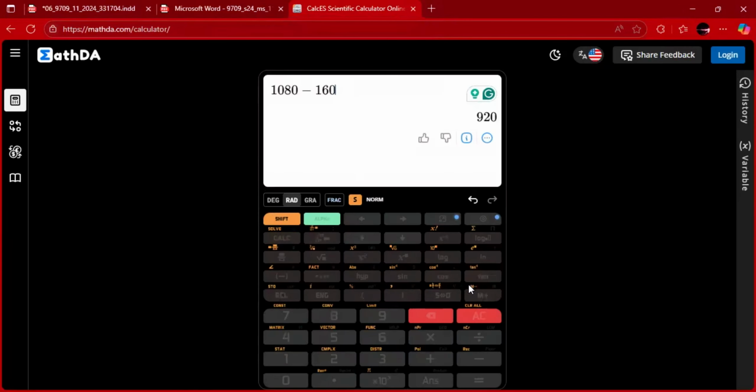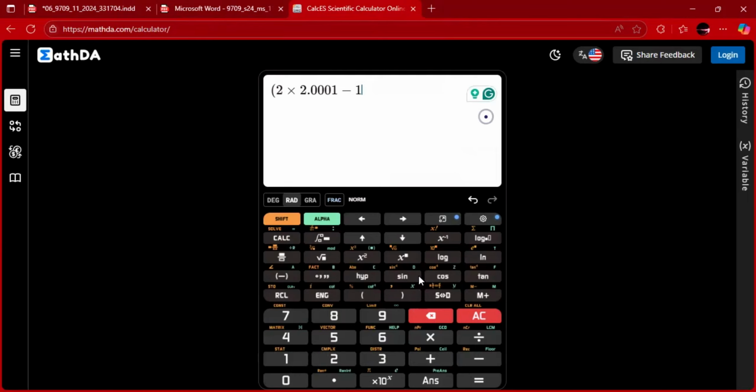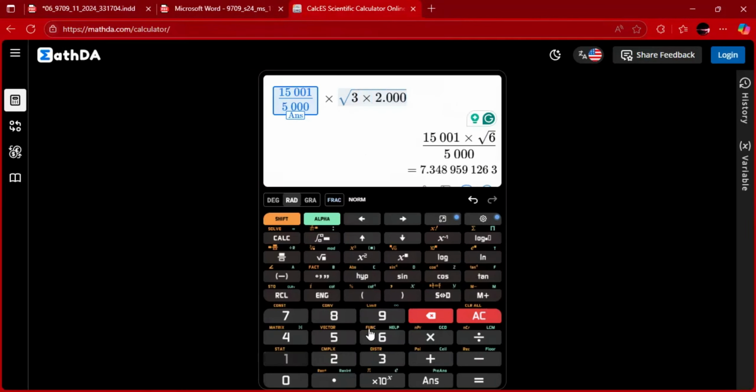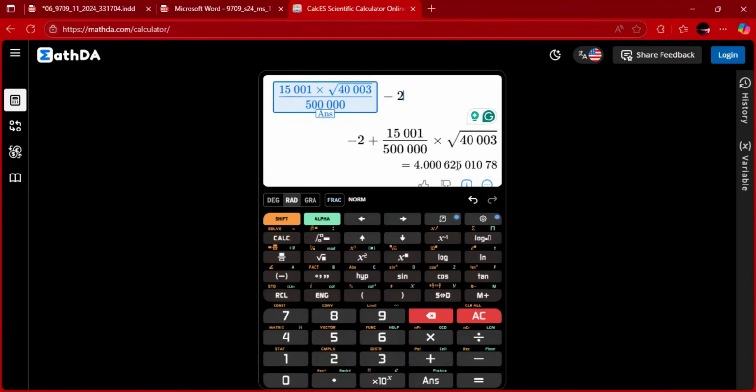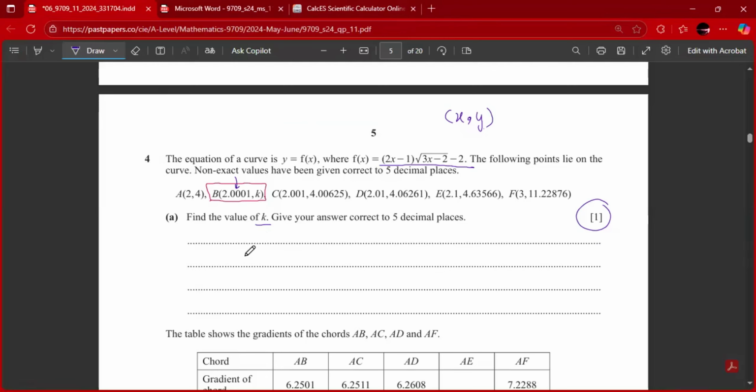2x minus. K. Okay, let me write y is equal to. 4 decimal places, 5 decimal places, 1, 2, 3, 4.